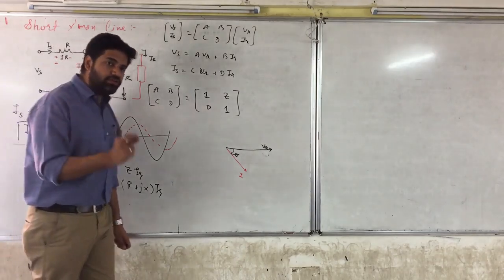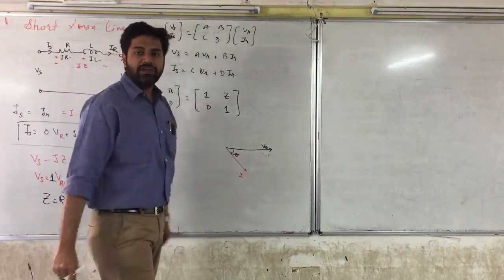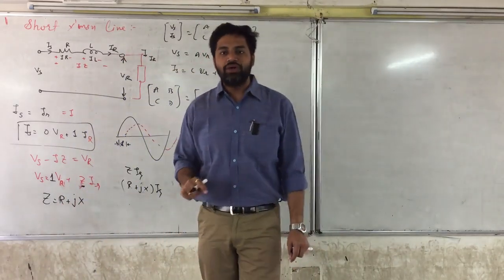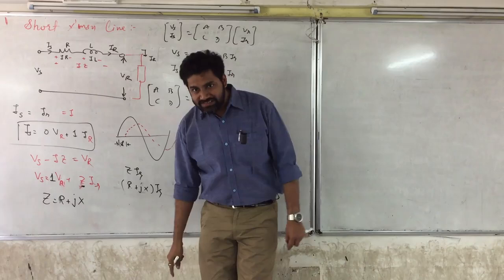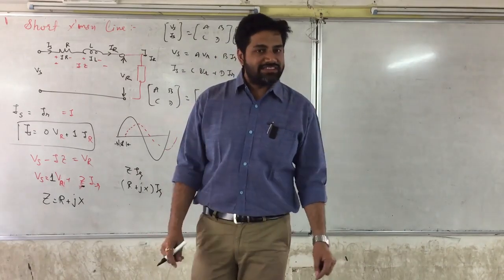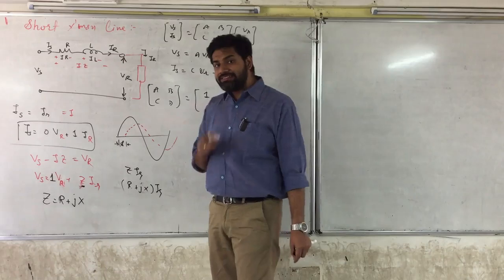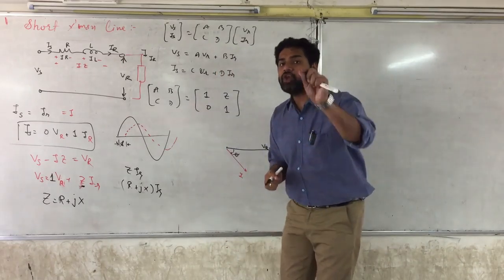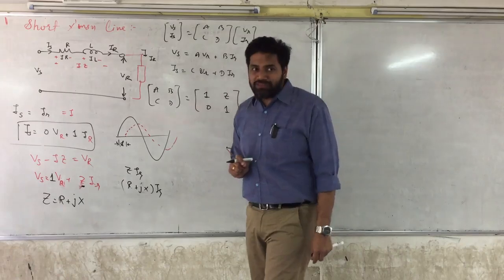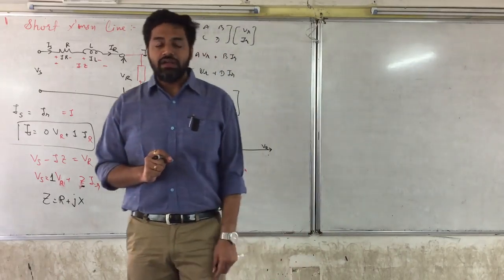This is the voltage drop across a resistor. Yes or no? And that voltage drop, guys, is always in phase with the current. How?